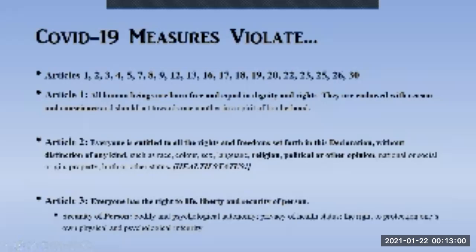We're not going to look at every single one of them, but I will outline some of the most pertinent ones. So we'll start with Article 1. The first list there of all the articles, these are all the articles that I would say have been violated. Now you can check them out yourself and see what you think. But let's start with Article 1.